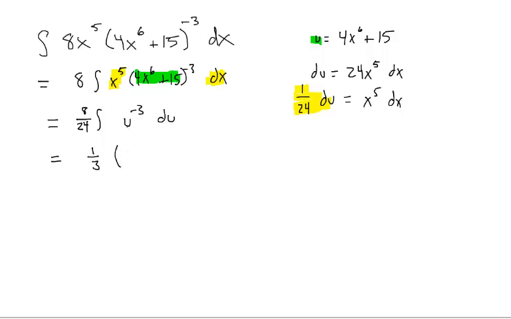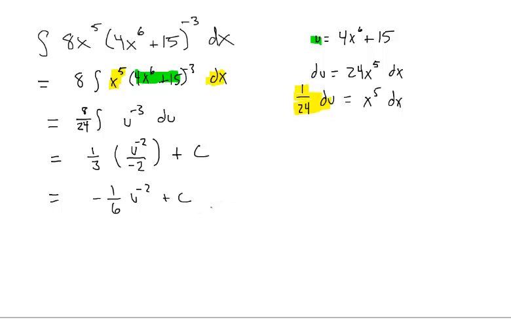And now I want to take the integral of u to the negative 3. We add 1 to the exponent, u to the negative 2, divided by negative 2, plus our constant of integration. So now we can simplify this and say that this is negative 1/6 u to the negative 2, plus c.